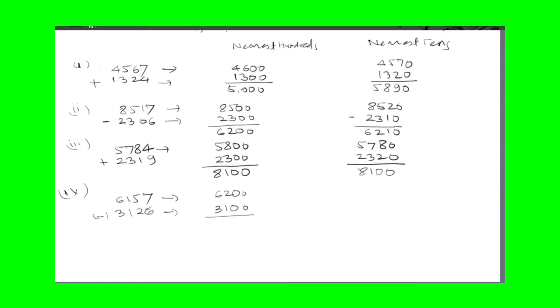And on subtraction we get 3,100. For rounding to nearest tens, 6,157 becomes 6,160. And 3,126 becomes 3,130. So on subtraction we get 3,030.